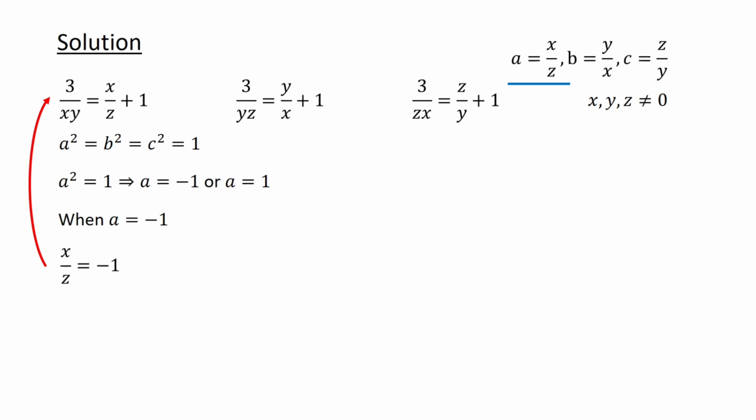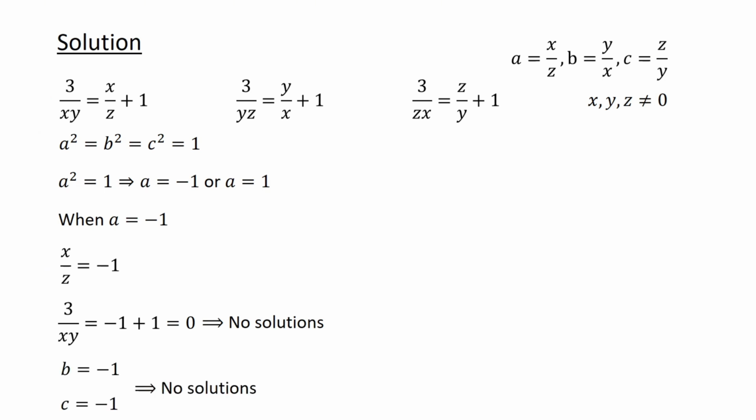Substituting this into 3 over xy equals x over z plus 1, we obtain 3 over xy equals minus 1 plus 1, which is 0, resulting in the system of equations having no solutions. Similarly, b equals minus 1 and c equals minus 1 will result in the system of equations having no solutions. Therefore, we have a equals 1, b equals 1, and c equals 1.